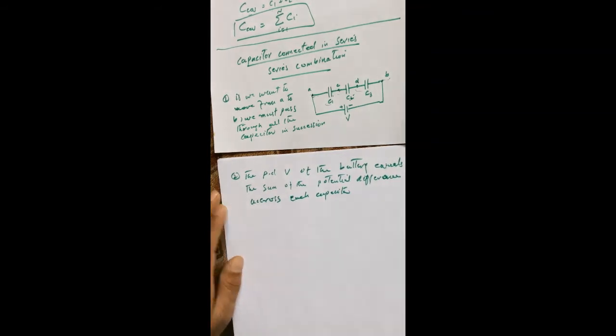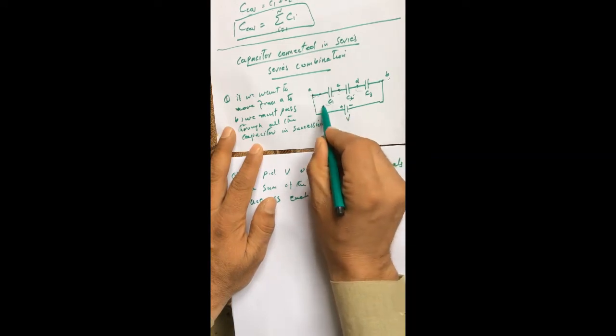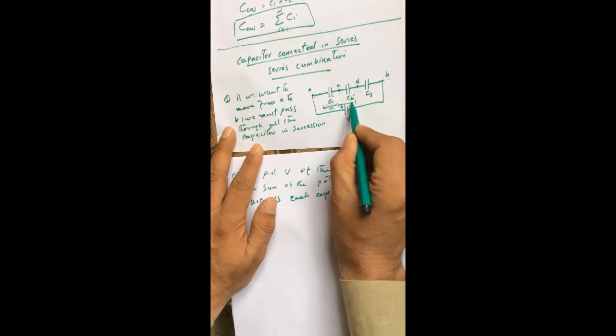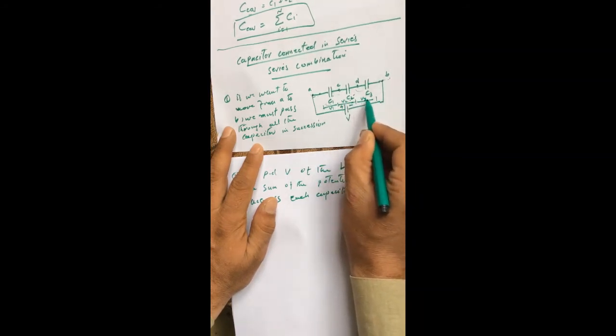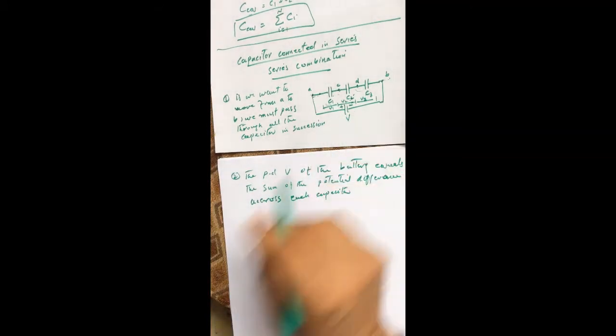Like the potential difference across this capacitor is V1, the potential difference across this capacitor is V2, and the potential difference across this capacitor is V3. So the sum will give us the potential difference of the battery.